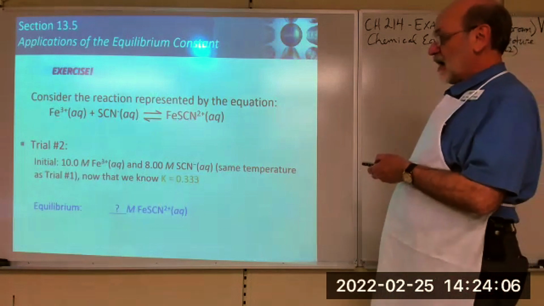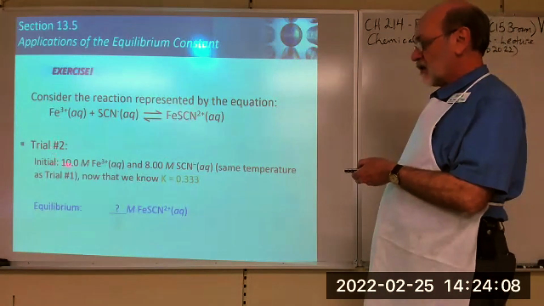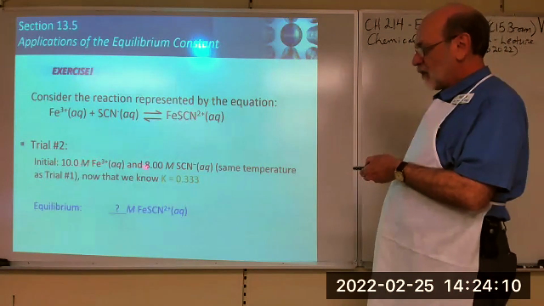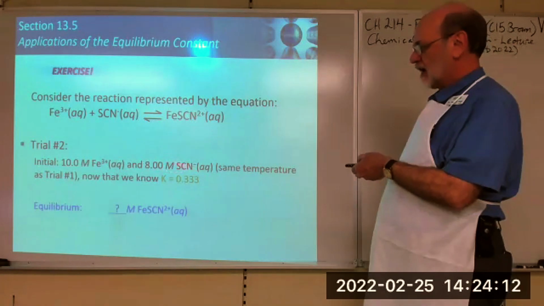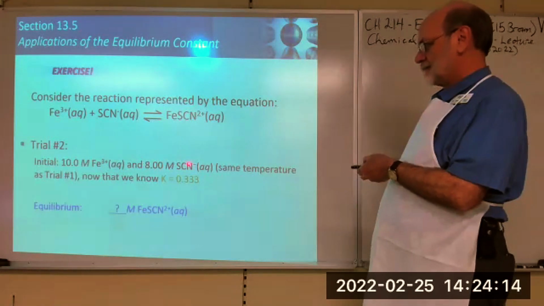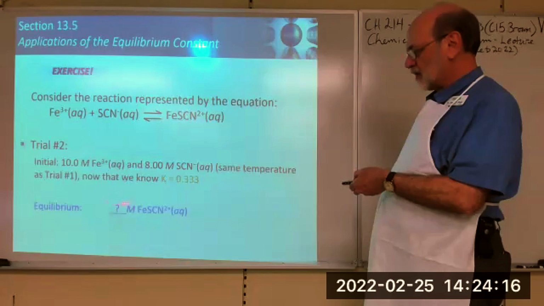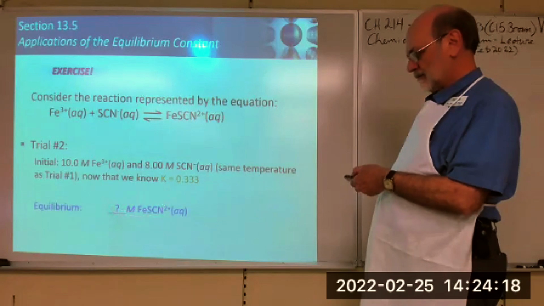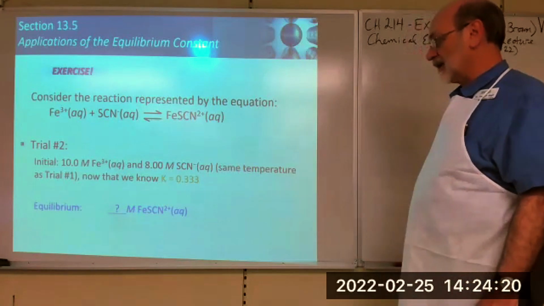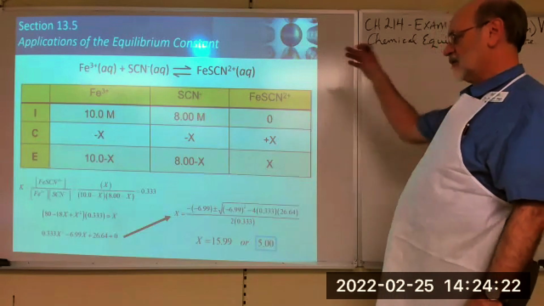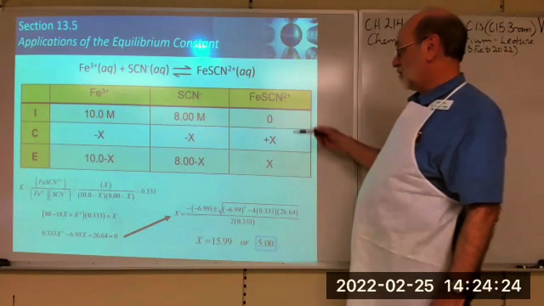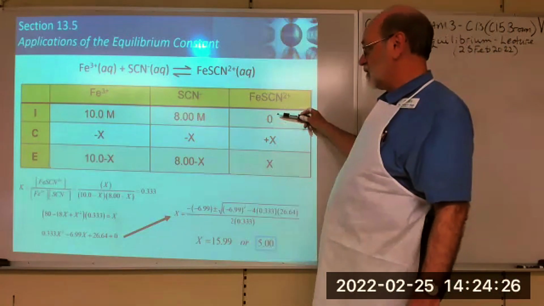So in this second trial, say we start off with 10 molar, but now we have 8 molar thiocyanate. So we want to know what's the equilibrium concentration of our product. We can set up the ICE table again. This one looks a little different, but we know it's going to the right because this one's 0.